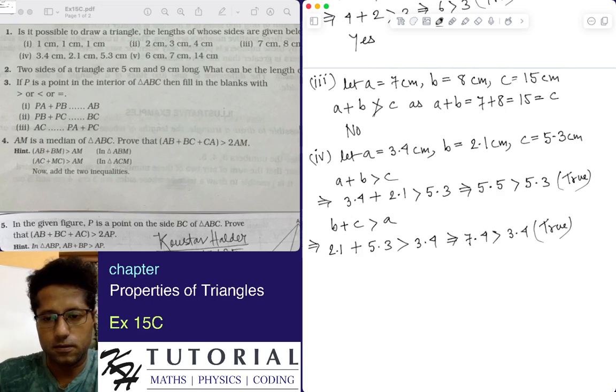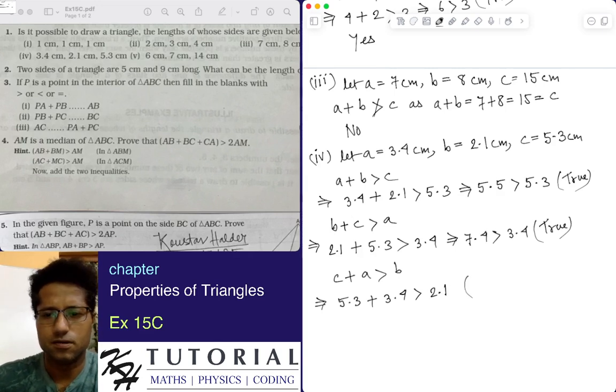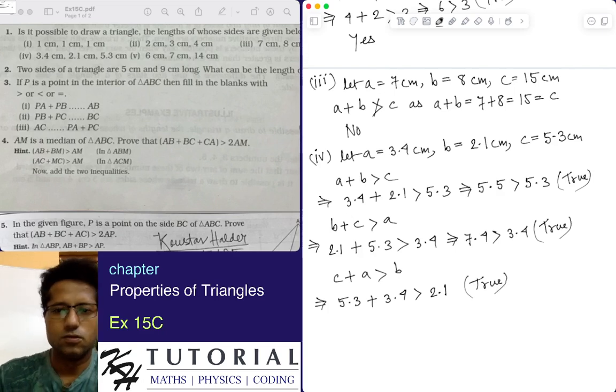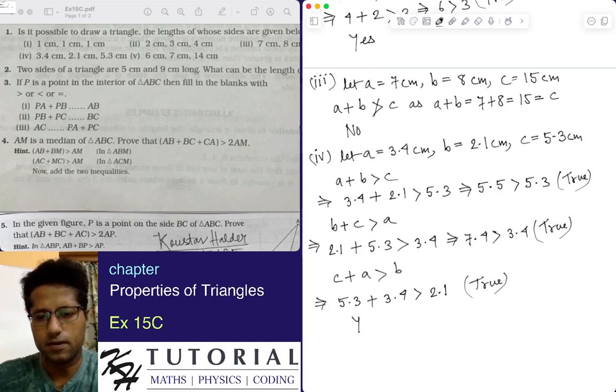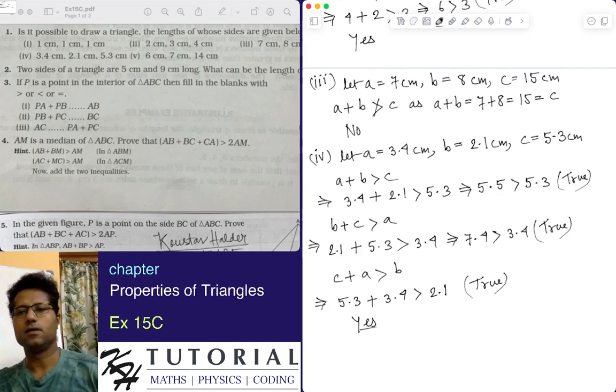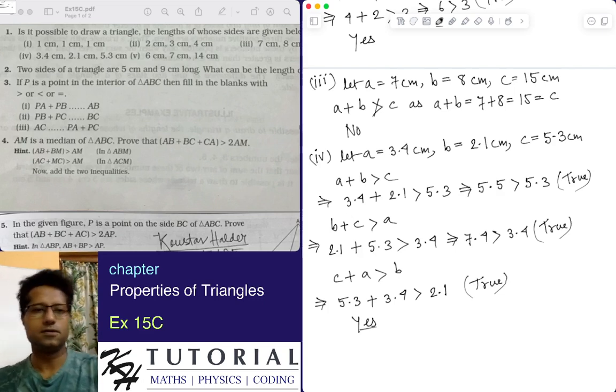Let's see, C plus A must be greater than B. This implies C is 5.3, A is 3.4 is greater than 2.1. We need not solve it, this is obviously true. So a triangle can be formed having the given lengths as its sides.